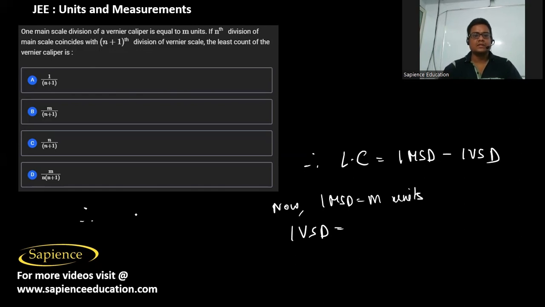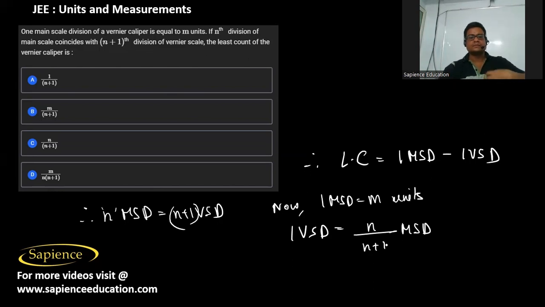Therefore, I can say that n number of main scale divisions coincide with n plus 1 vernier scale divisions. So therefore, one vernier scale division will be equal to n by n plus 1 main scale division. So that will be equal to n into m by n plus 1.